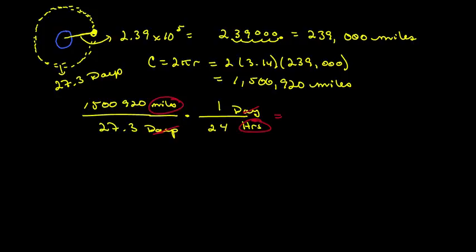So we've got that 1,500,920, and now that number is going to be divided by 27.3 times this 24, and that gives us 2290.78. So what is this? This is 2,290.78 miles per hour.